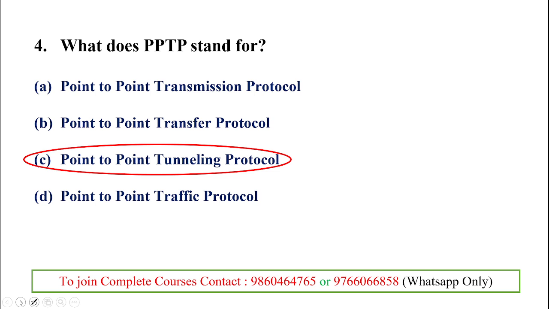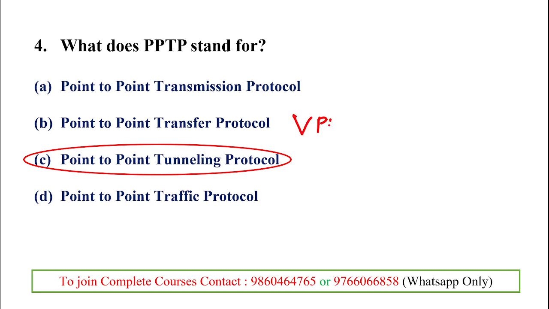The point-to-point tunneling protocol is a network protocol that enables the secure transfer of data from a remote client to a private enterprise. So for data to be transferred from a client to a private enterprise, PPTP helps the server by creating a virtual private network.